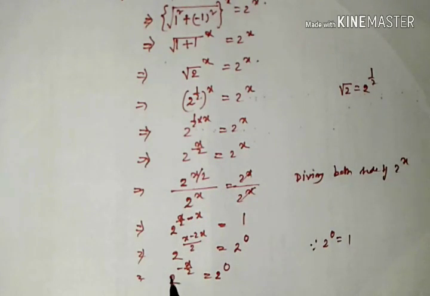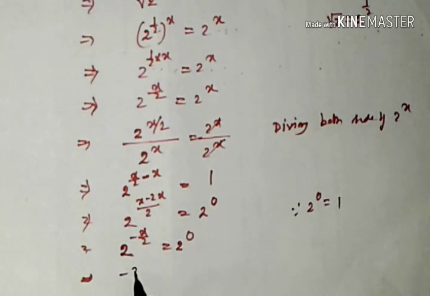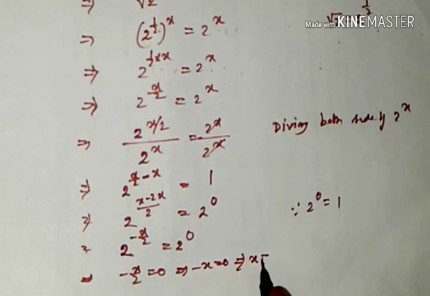So 2 to the power minus x by 2 equals 2 to the power 0, therefore minus x by 2 is equal to 0. This implies minus x is equal to 0, which implies x is equal to 0.